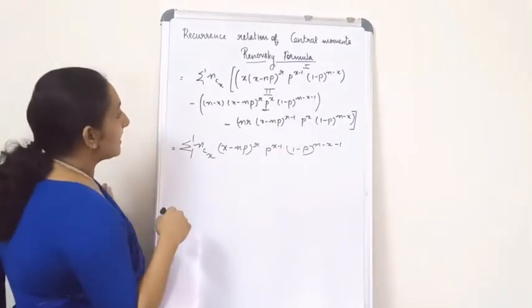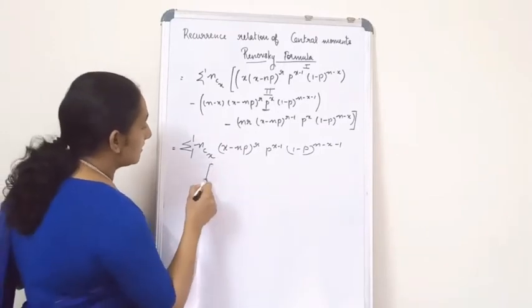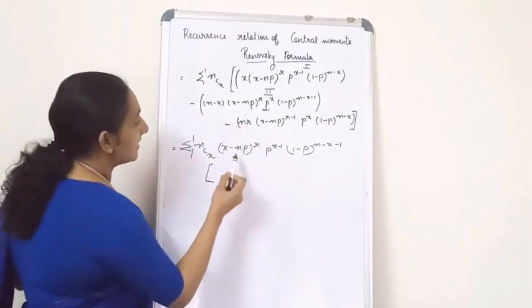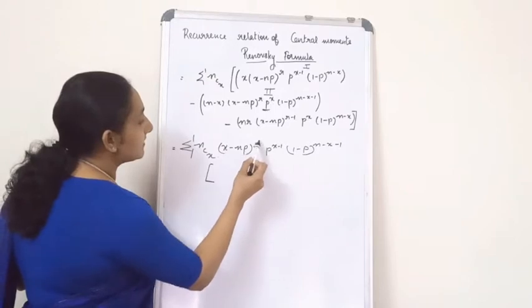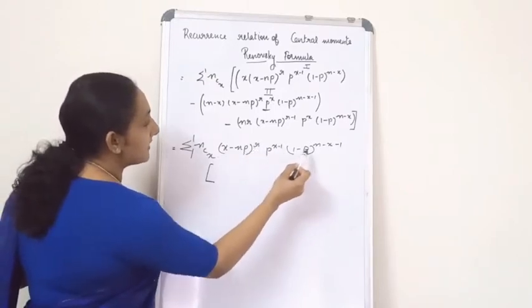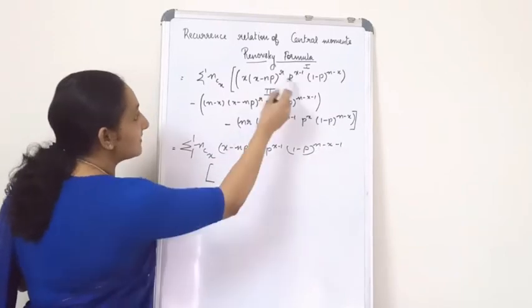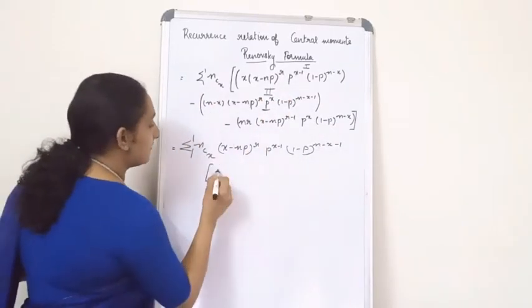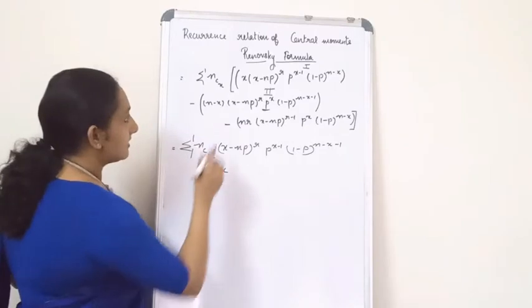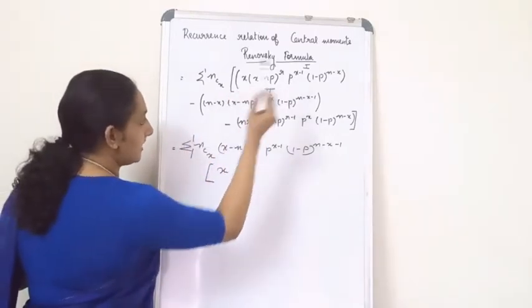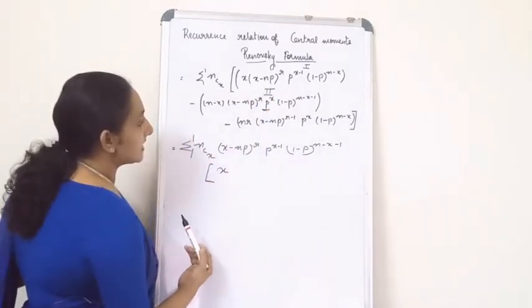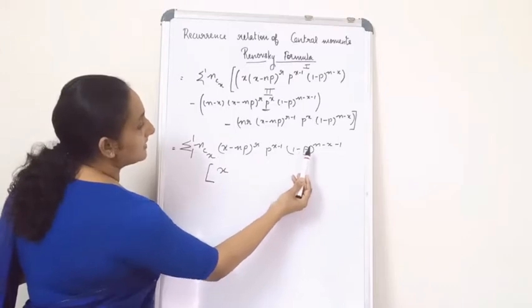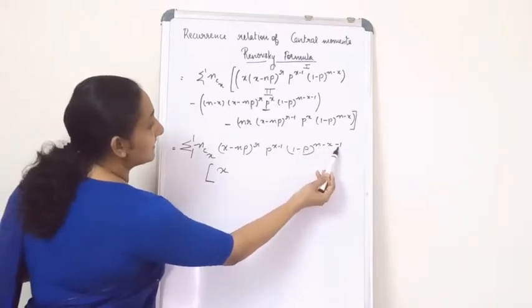So what will I get after that? When I take (x minus np) the whole raised to r, p raised to x minus 1, (1 minus p) the whole raised to n minus x minus 1 from the first term, the final thing I get over here is x. p raised to x minus 1 is already taken, (1 minus p) the whole raised to n minus x minus 1.